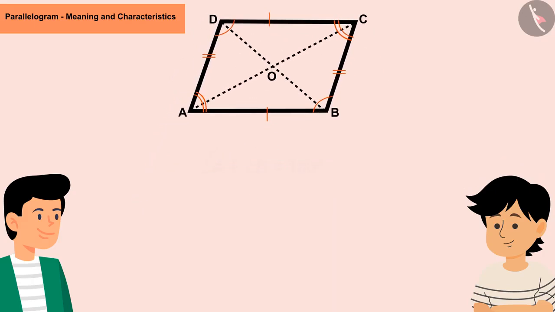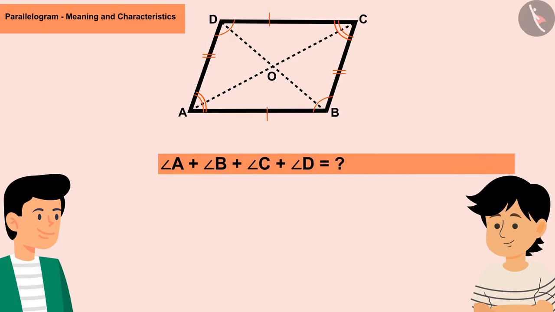Now, can you tell the sum of all the four interior angles of this parallelogram? Perfect! With the help of the quadrilateral angle sum property, we can tell that the sum of all the angles of a parallelogram will be 360 degrees. We have just seen that both pairs of the opposite angles in a parallelogram are of equal measure.